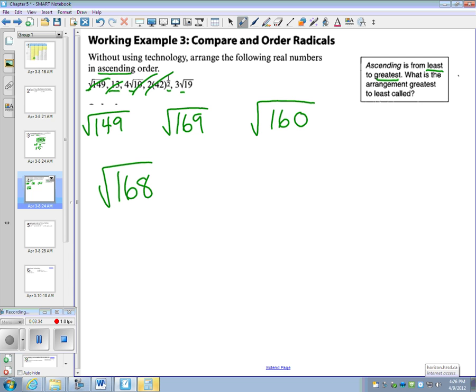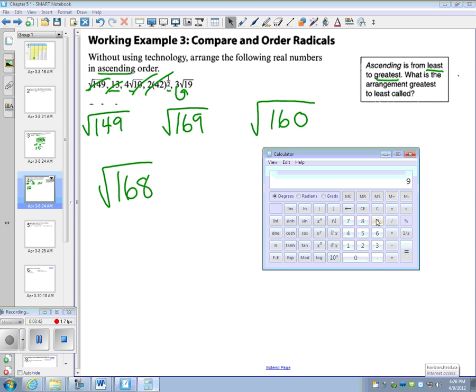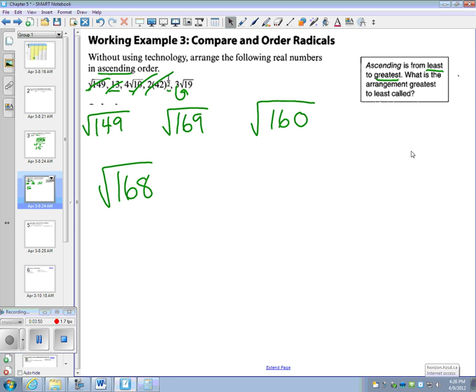Okay, and then I have 3 times the square root of 19. So I'm putting 3 back in. 3 squared is 9. 9 times 19, and I know they said no calculator, but we could do this the old way. We could carry, but that's 171. So this is the square root of 171.